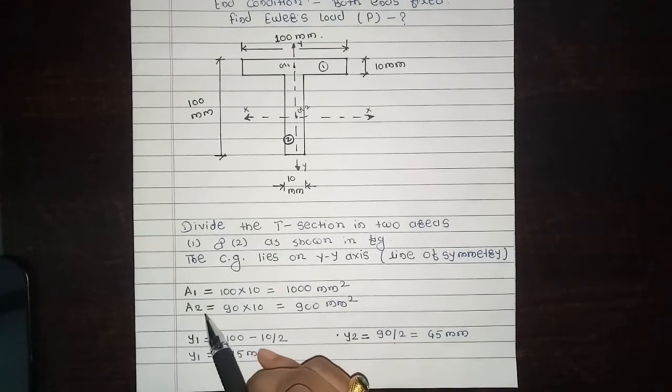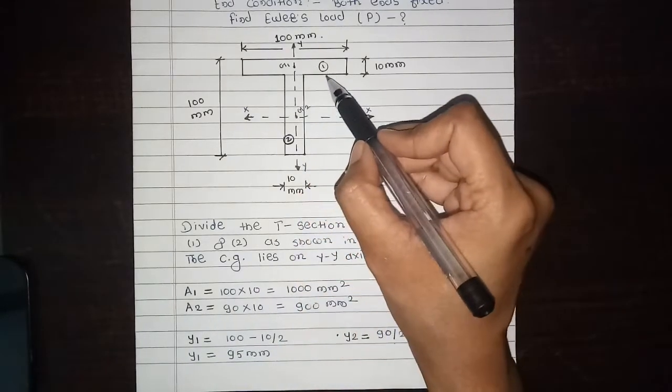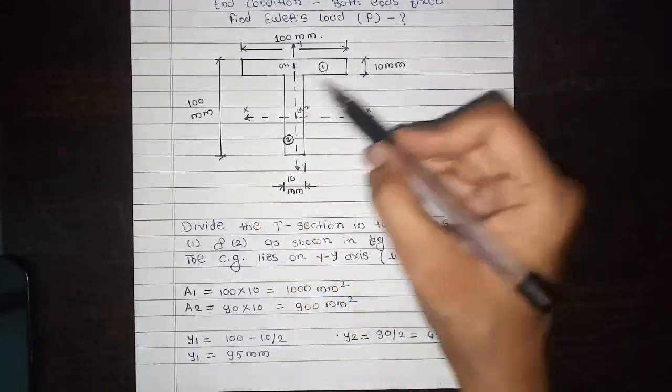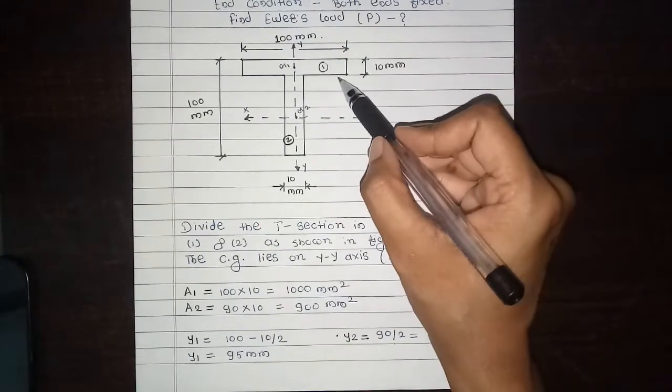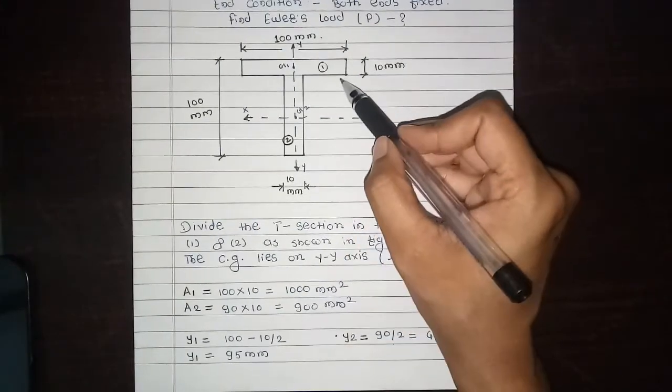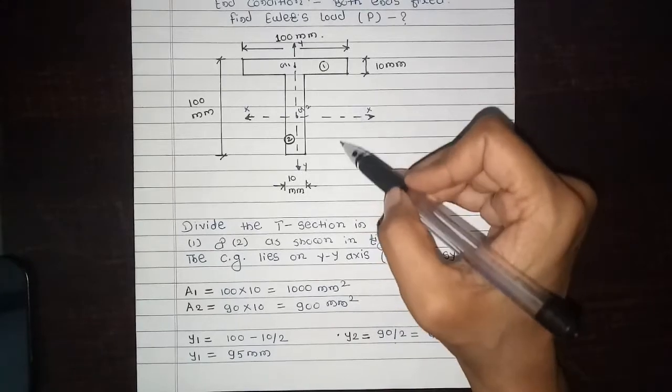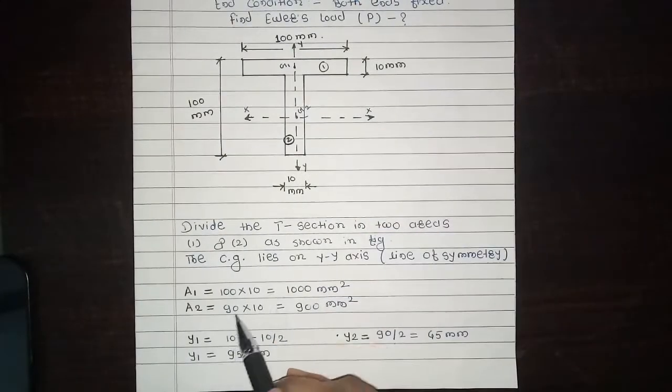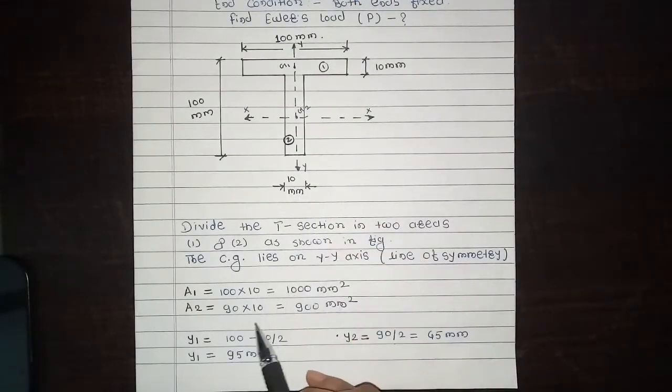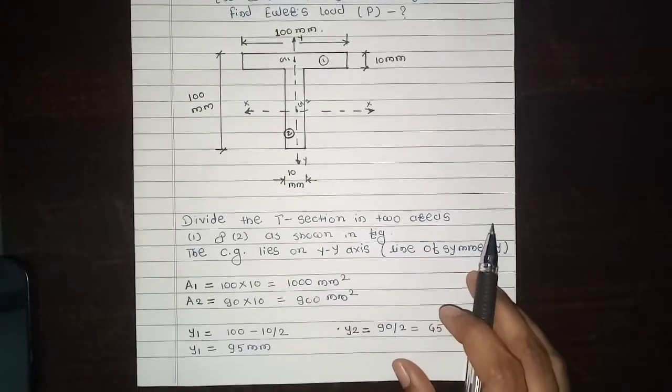For the area of the second section, the total 100 mm minus 10 gives a web depth of 90 into 10 mm. 90 into 10 is equal to 900 mm square. So this is the area calculation.